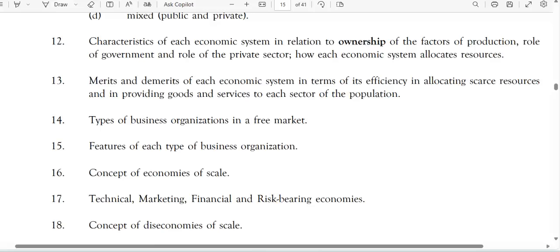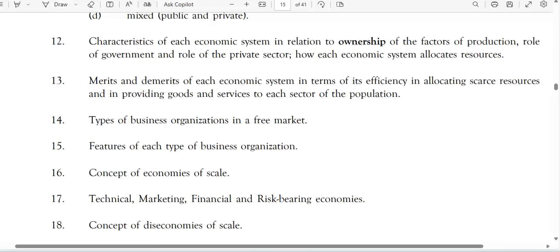When it comes to the command economy, merits would be the government ensures the basic needs are met for all citizens, can quickly mobilize resources, and there is less inequality in wealth distribution. Demerits: often inefficient because there's no competition, low quality goods and shortages, little freedom of choice.